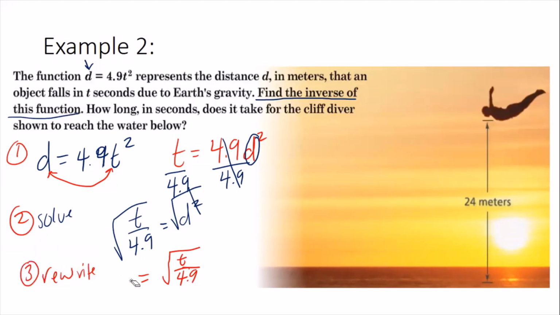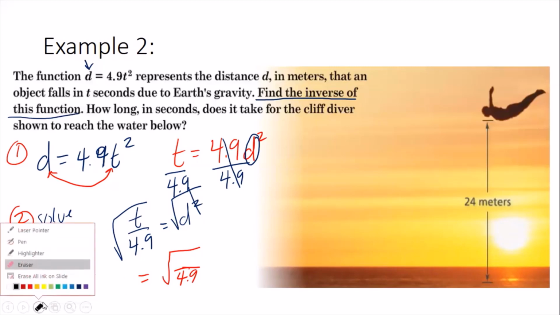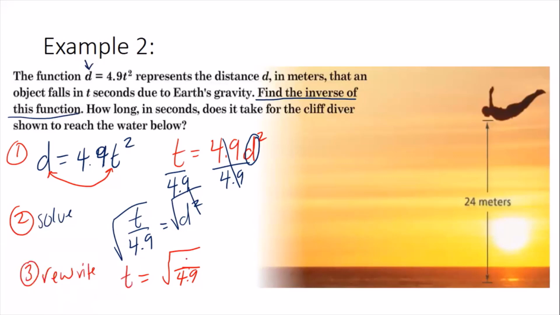I'm sorry. They switched roles, t and d. So now our roles are back. t is our dependent, d is our independent. So this is the function we're working with.